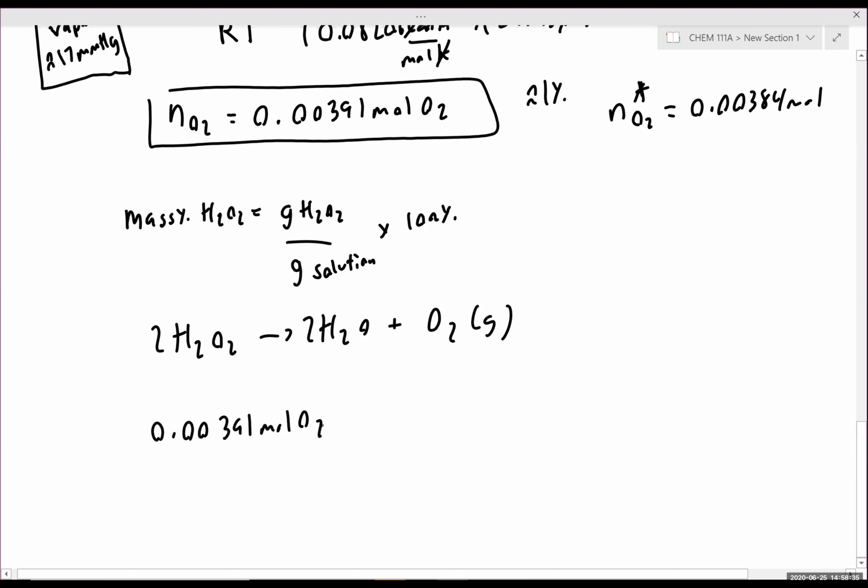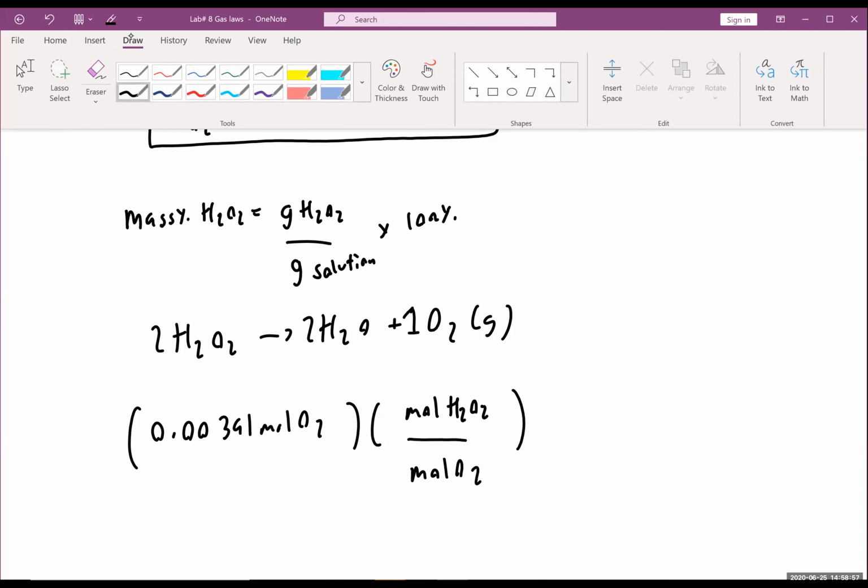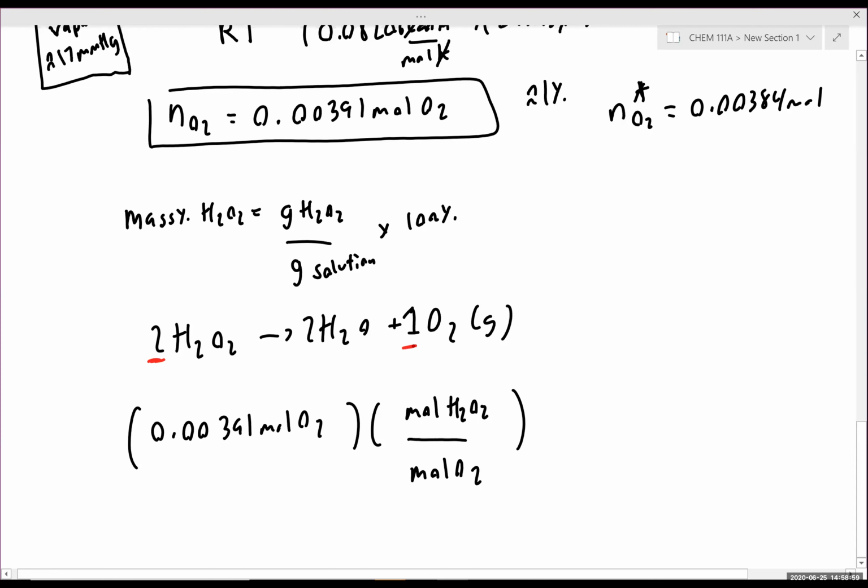And again, we have another very nice student-friendly chemical equation in that if we start with 0.00391 moles of O2, how many moles of hydrogen peroxide are present? Let's see. How many moles of hydrogen peroxide react per mole of O2 generated? What's our mole to mole ratio? What are our reaction coefficients in this case? 2 to 1, exactly right.